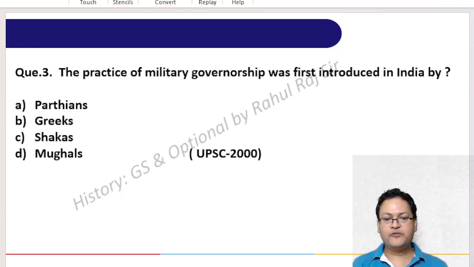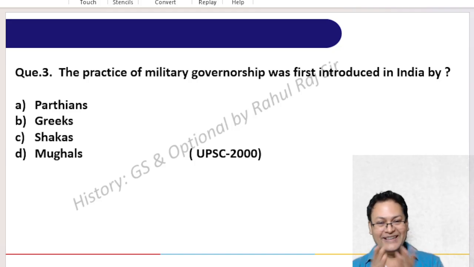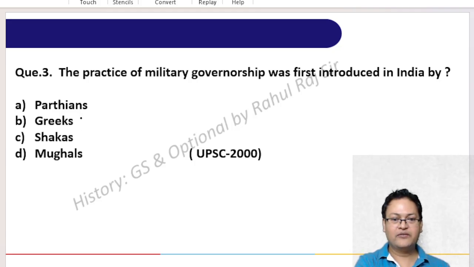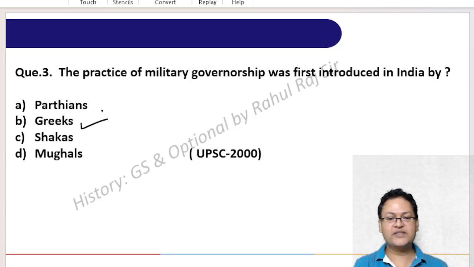Let's come to the next question. The practice of military governorship was first introduced in India by option A Parthians, B Greeks, C Shakas, and D Mughals. Oh my god. Persians is not mentioned, neither Cyrus nor Darius. So UPSC keeps on doing such things. So what would be the answer? The answer would be B, Greeks. Why? Because Persians is not there in the options.